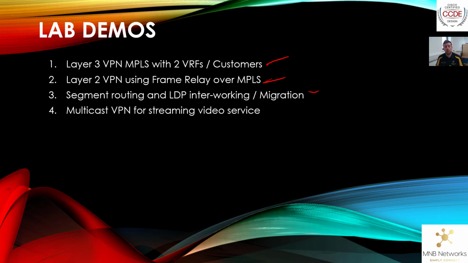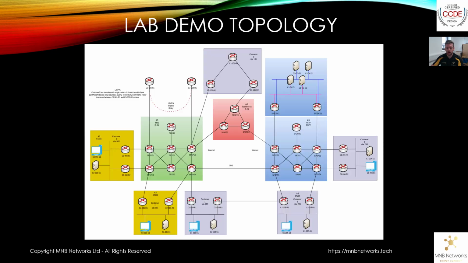And then we talk about how that actually works from a design perspective and what we need to consider. We've also got a demonstration of a multicast VPN using Draft Rosen. Maybe give the game away a bit there if you watch this video and then you try and do the lab. But anyway, it's based on multicast VPN and we have a streaming service demonstrated.